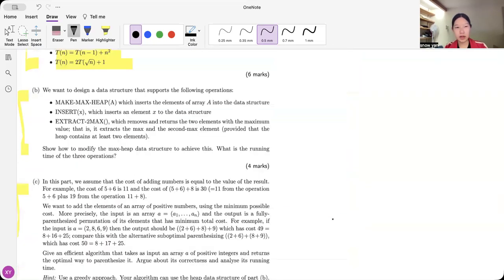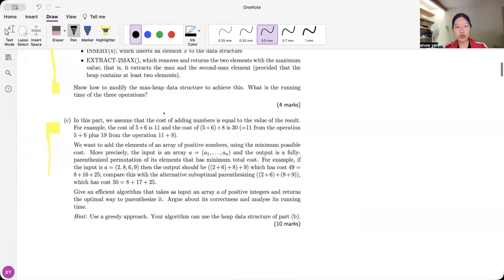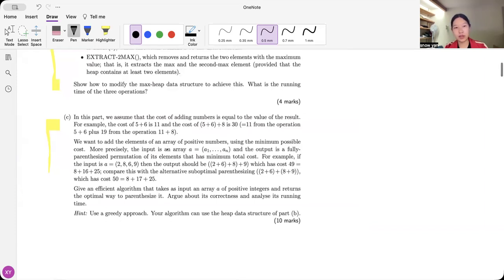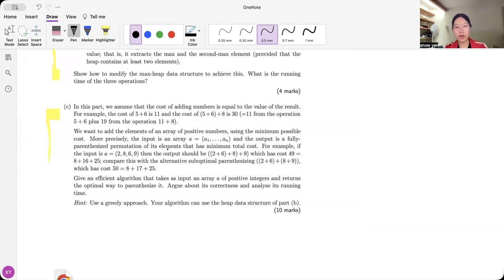That's part B. And then part C, we assume that the cost of adding numbers is equal to the value of the result. For instance, 5 plus 6 is 11, and 5 plus 6 plus 8 is 30, because 11 and then 19 is 30. We want to add the elements of an array of positive numbers using the minimum possible cost. So we would have an array, and the output is a fully parenthesized expression that has minimum cost.